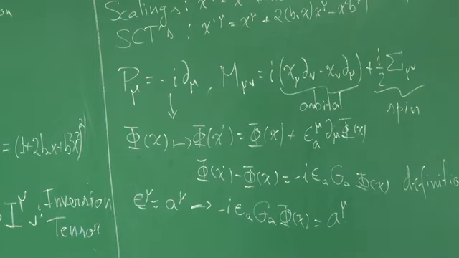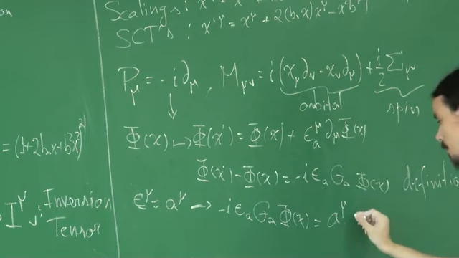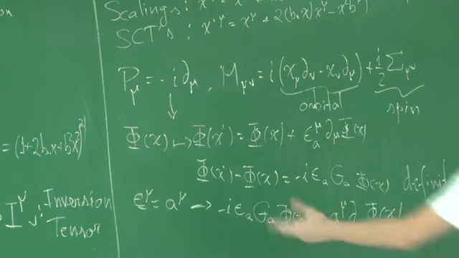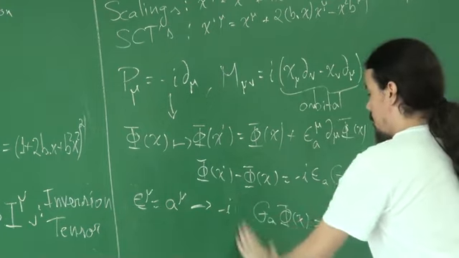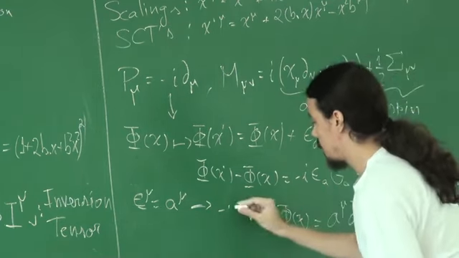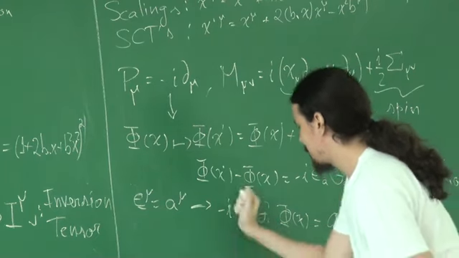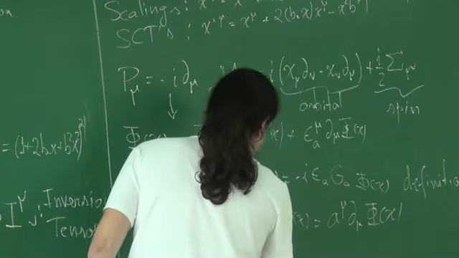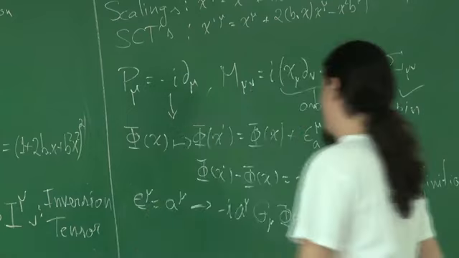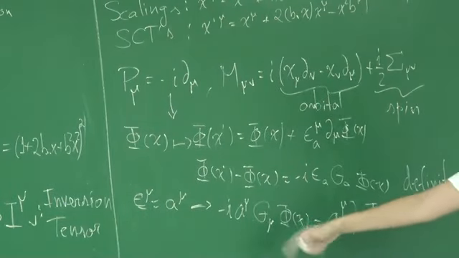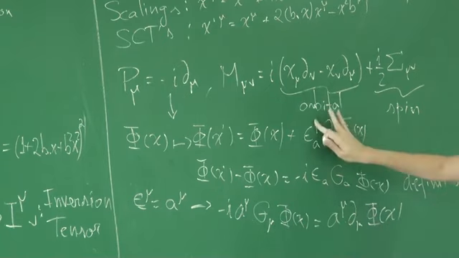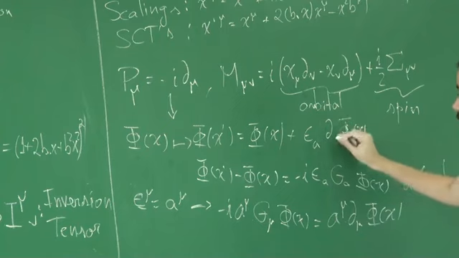So we have a mu here, and phi here. We just compare this. The index A will just be mu. I should have written it like this.